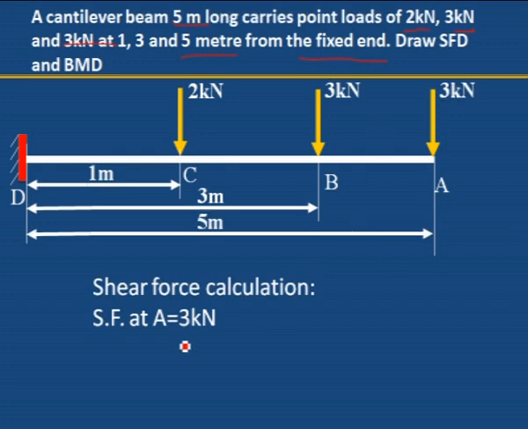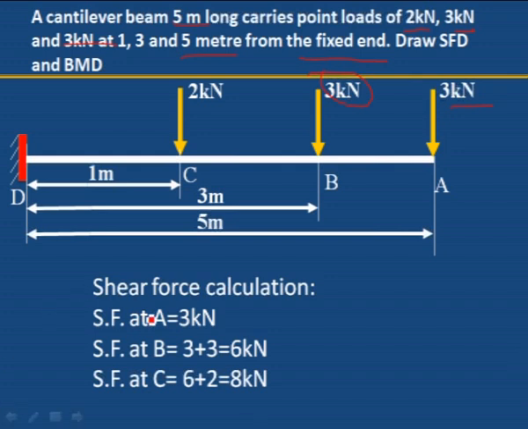To calculate the shear force at A. This is the point where the vertical load 3 kilonewton is acting. Shear force at A is equal to 3 kilonewton. It is positive because it is a downward force. Then shear force at B point, this 3 kilonewton plus another additional 3 kilonewton at B, 3 plus 3, 6 kilonewton.